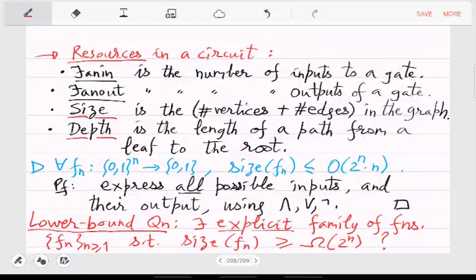Okay, so that is the lower bound question, and depending on how explicit you want, how natural the function should be, these are usually open questions.